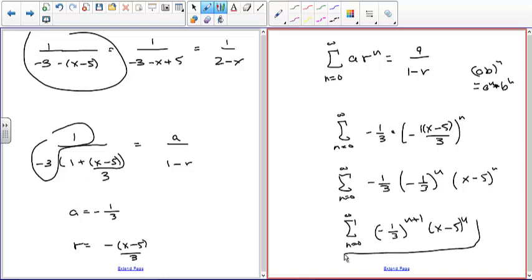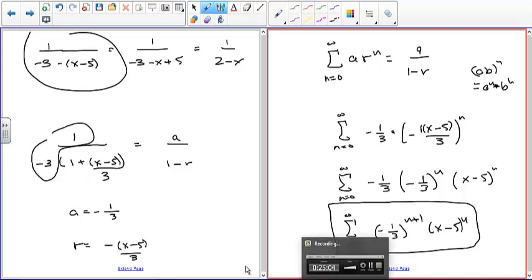So that's what I would deduce is the expression for the infinite series to represent my original function based on using the geometric series technique.